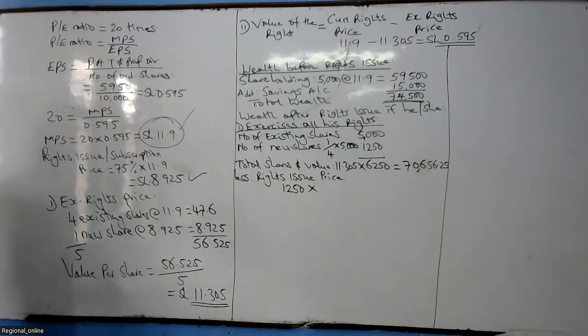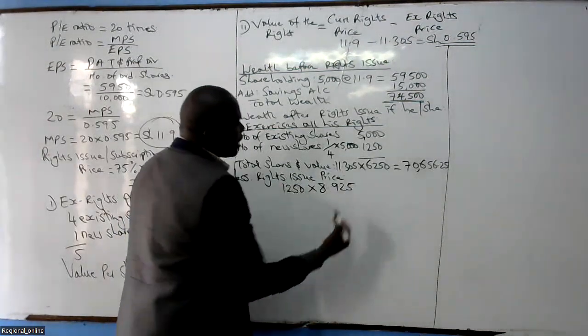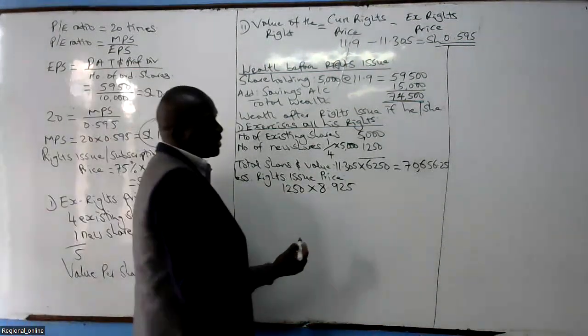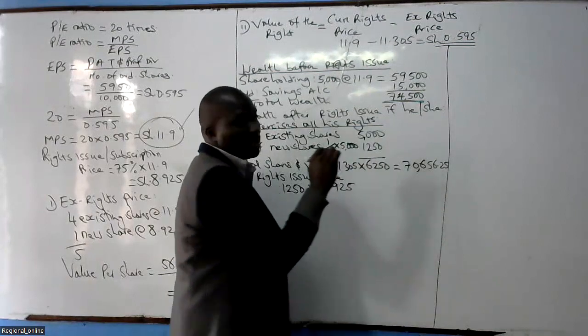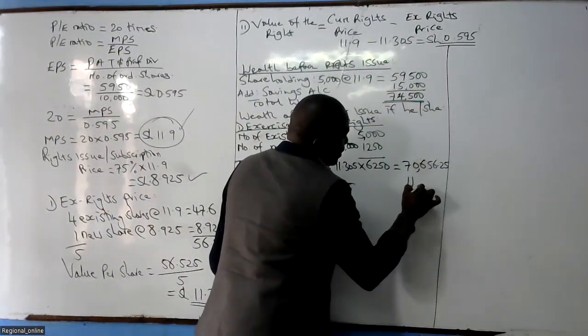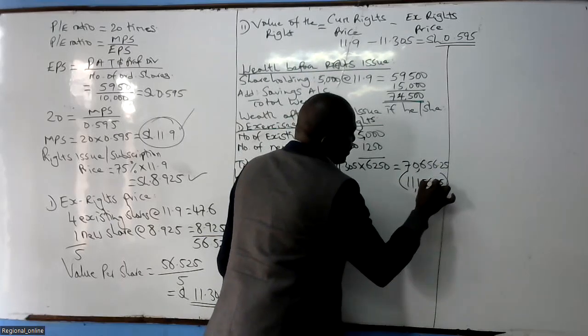So how much did he spend in total to get the new shares? 11,156.25. So that is the cost that we deduct.